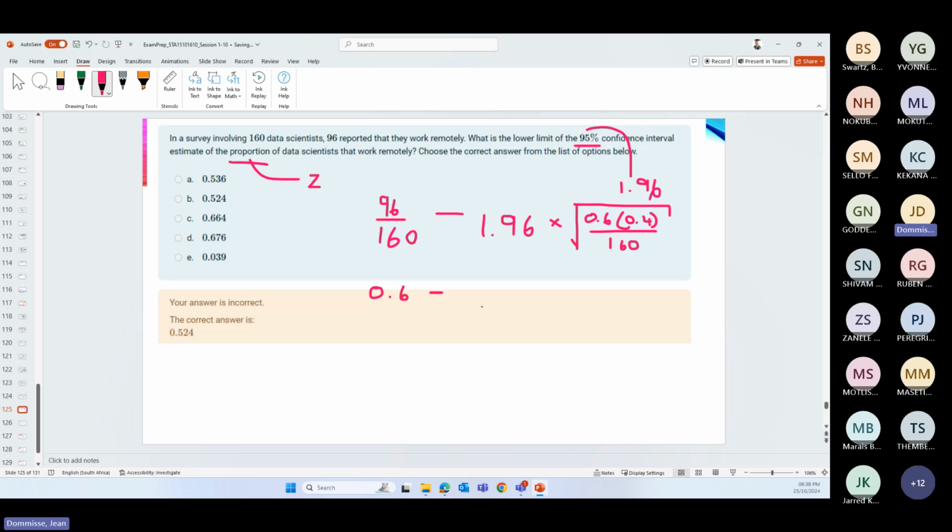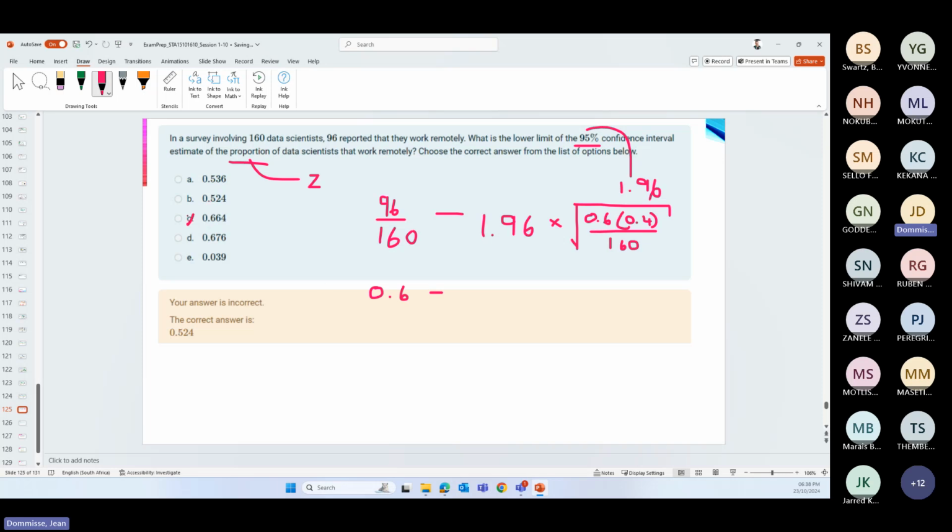Okay, so 0.6 minus something will then be less than 0.6.